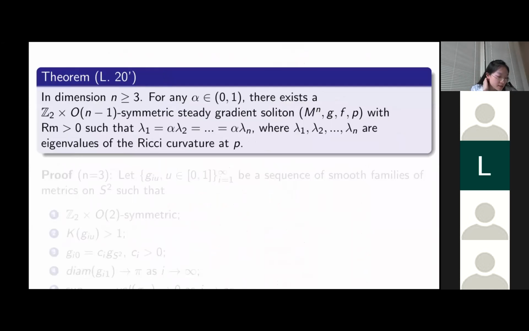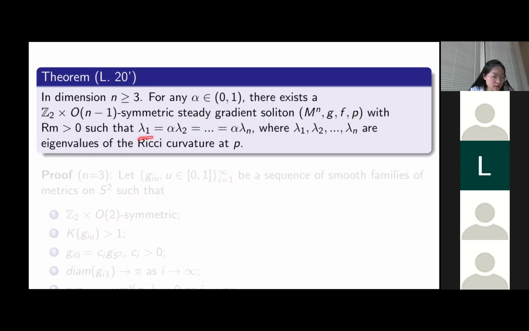In this theorem we show that for any dimension n, if you have any constant between 0 and 1, then you can always find a Z2 cross O(n-1) symmetric steady gradient soliton with positive curvature operator satisfying this relation at the critical point of the potential function.